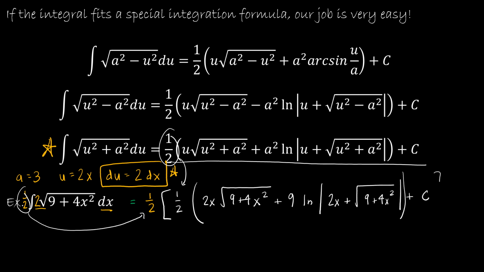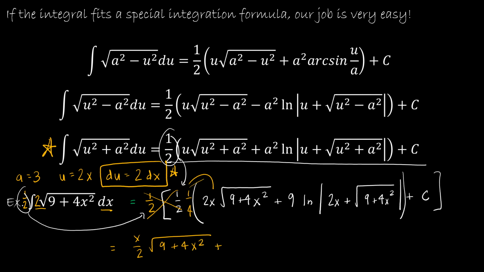Now the only thing I have to do is clean it up a little bit, and then I'm going to be done. So obviously this is 1/2 times 1/2, so really I'm taking 1/4 times everything. So 1/4 times 2x is 2x over 4, or x over 2. And then I've got root 9 plus 4x squared.